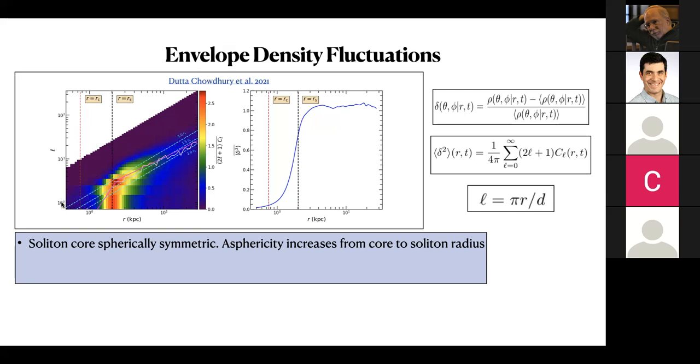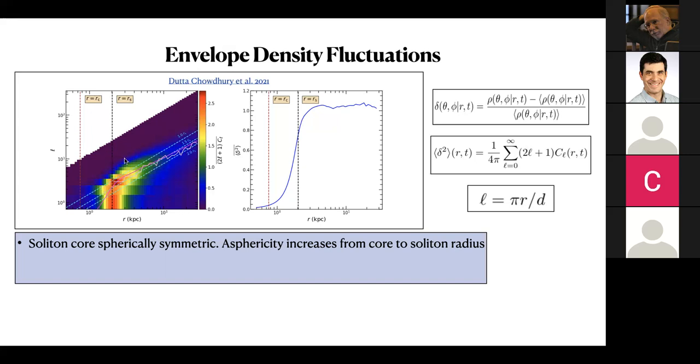The first thing that we notice is inside the core, there is very little power. Basically, what it means is that the soliton core is spherically symmetric. Then as we go from the core to the soliton radius, we see power at low L's. We see power at L equal to 1, 2. That basically means that the soliton is not really spherical. So we see increasing asphericity going from the core to the soliton radius.